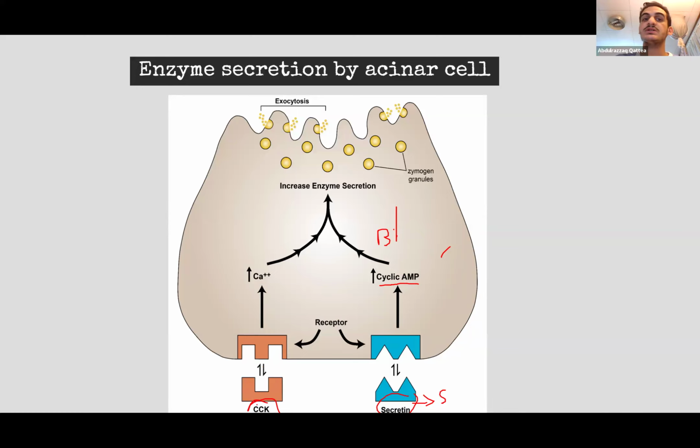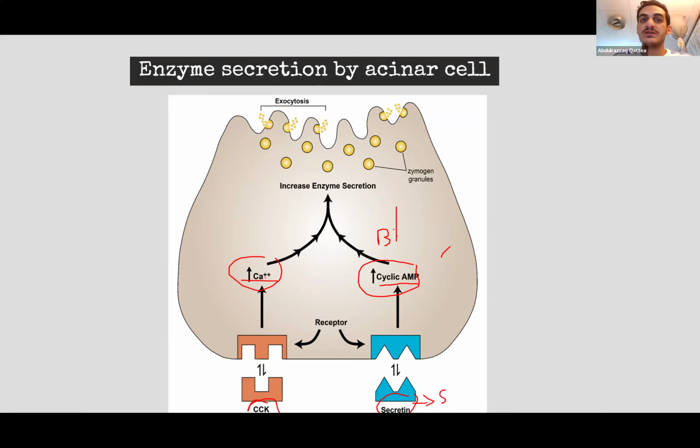When the I cells release CCK, it will not activate cyclic AMP this time. It will release calcium. Tamam? Know the calcium and know the cyclic AMP. This is physiology. They love to ask this question, even though it doesn't make any sense.